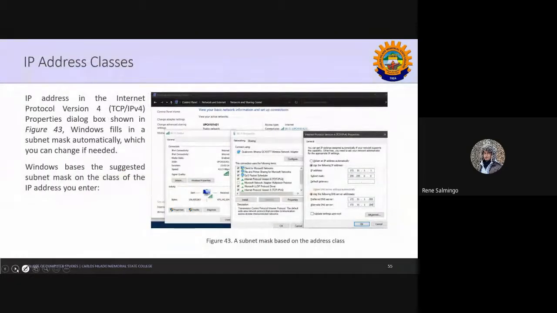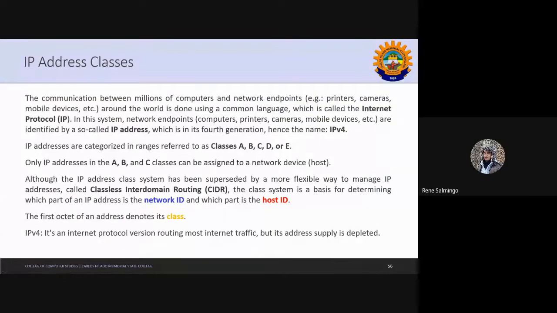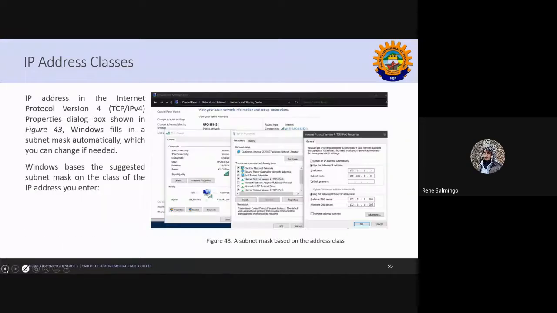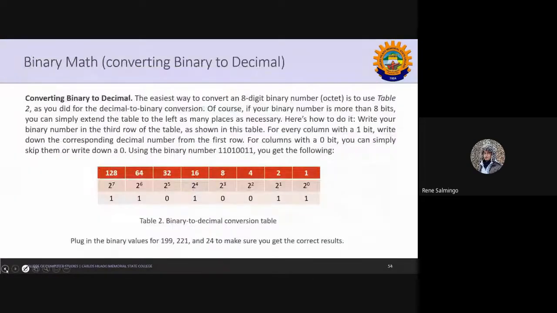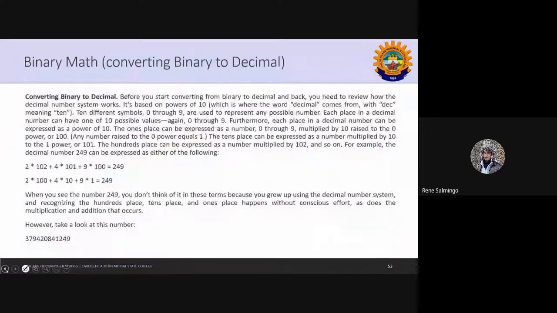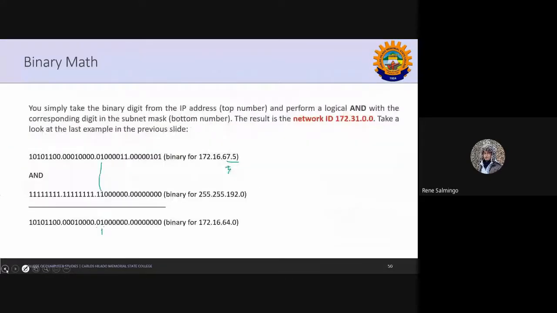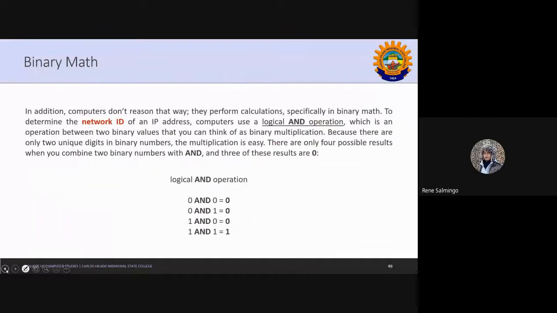Okay, so we finish on this. Now, take note always, in subnetting, we use the classless inter-domain routing, CIDR, system. So if you encounter this, I will let you know how to identify CIDR.